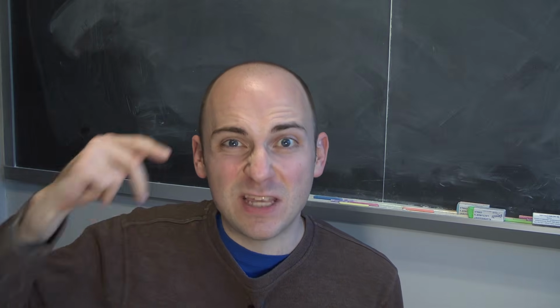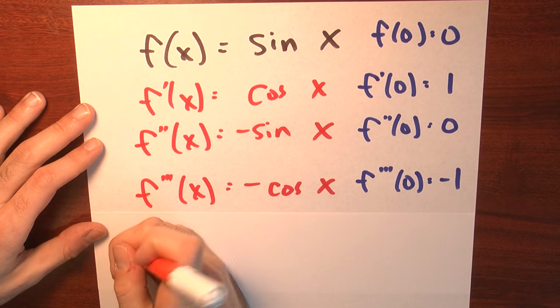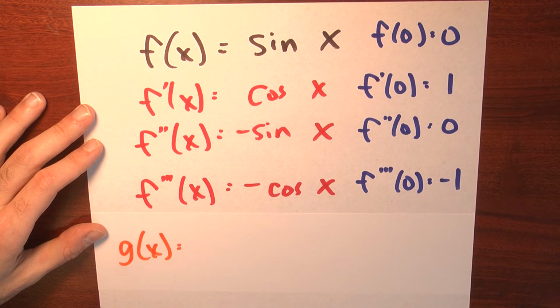I'm ready to write down a polynomial that has the same value, the same derivative, the same second derivative, and the same third derivative as sine does at the point 0. Well, in this case, g of x is what?